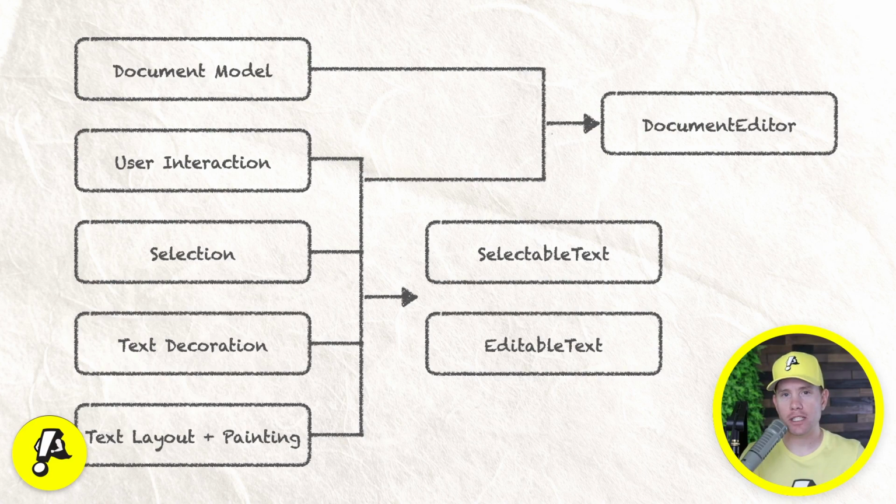But the reason I call this out is because render paragraph should be left alone. Don't add any more stuff to render paragraph. I mean, if you want to improve what it already does, if you want to make slightly more useful APIs for text layout and painting, go for it. But don't add any new responsibilities.